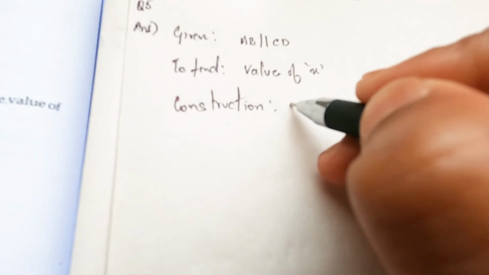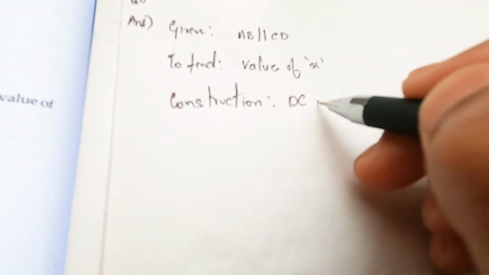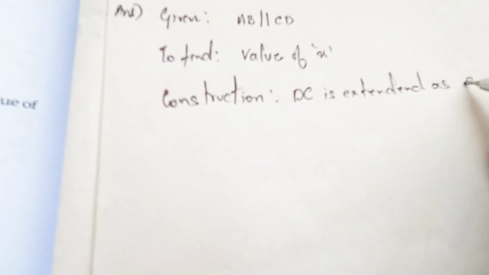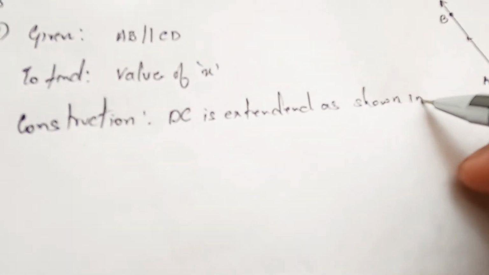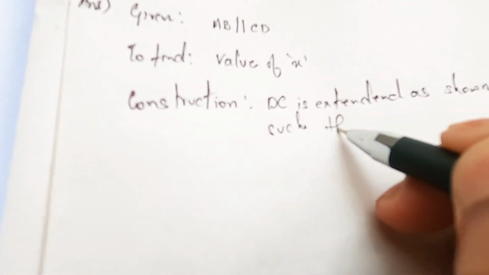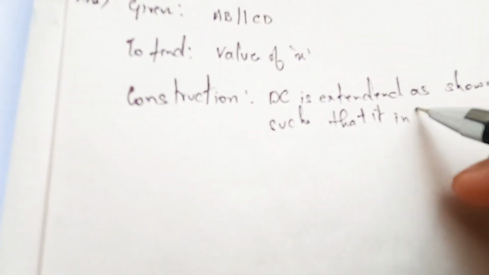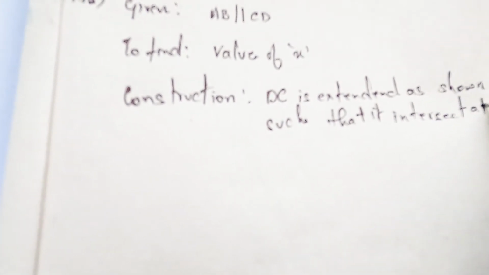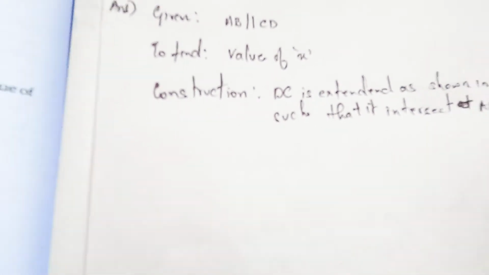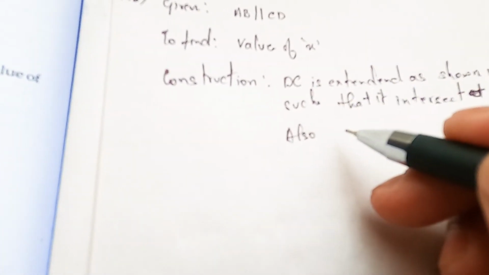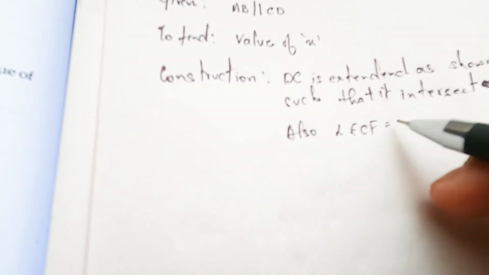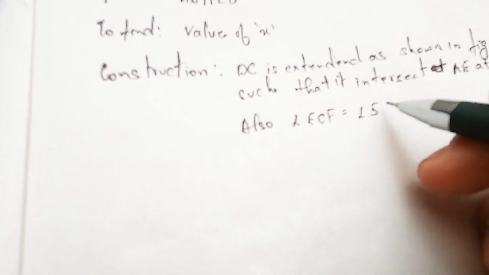DC is extended as shown in figure such that it intersects AE at F. Also, angle ECF is equal to angle 5, because we named it as angle 5.